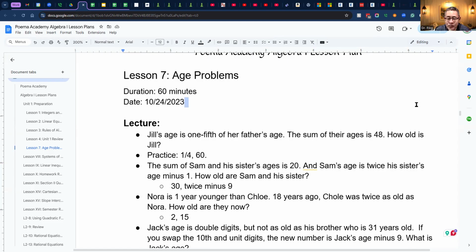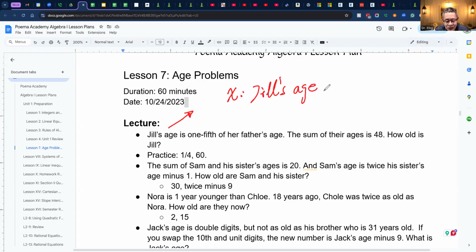Our first one says that Jill's age is 1/5 of her father's age, and the sum of their ages is 48. And it's asking how old is Jill? Well, since we don't know Jill's age, when we do algebra, we just set it as a variable. So we call x Jill's age.